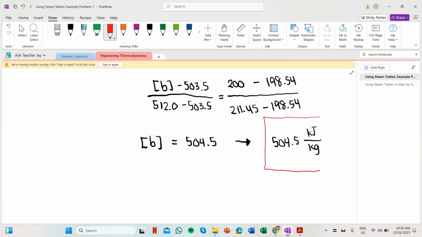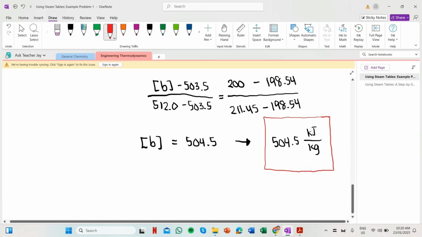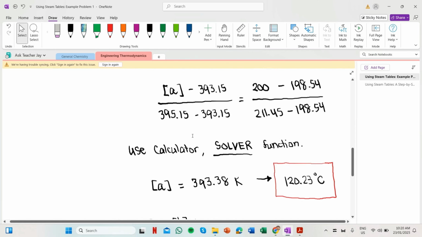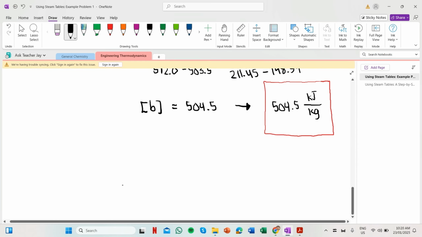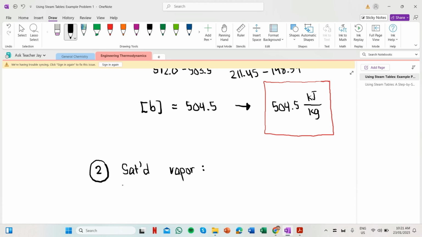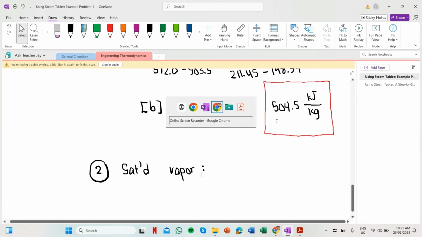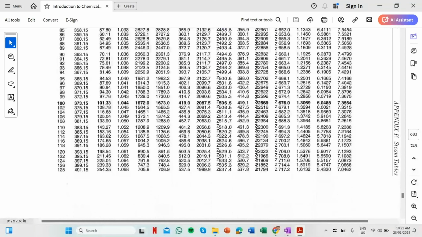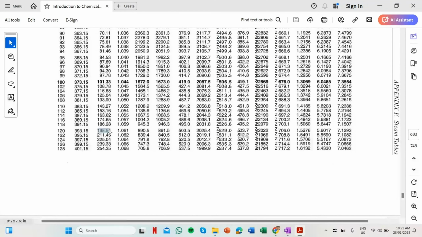We're still not done yet because we need to get the saturated vapor data. So I'll go to number two, saturated vapor data. Again, our phase is a liquid vapor mixture. Upon reviewing our steam table, remember that for this steam table, the saturated vapor data is in this column, and we actually have this data here.